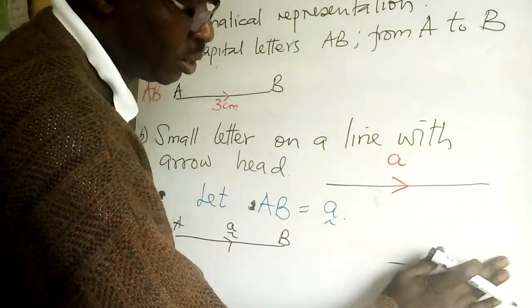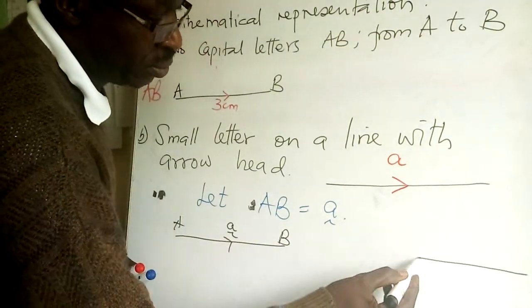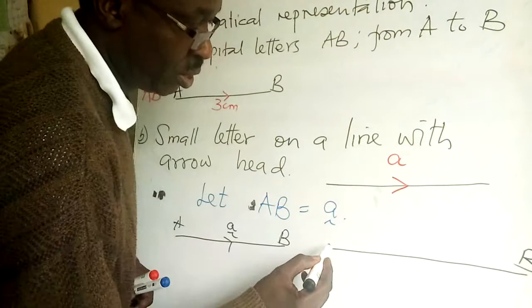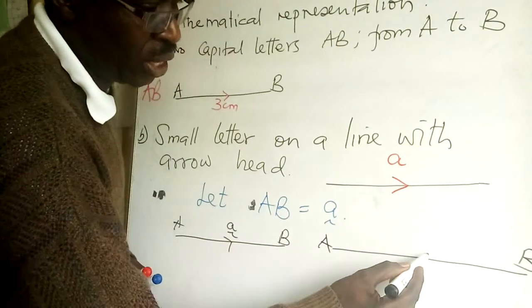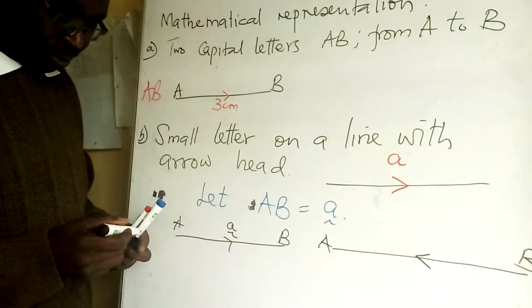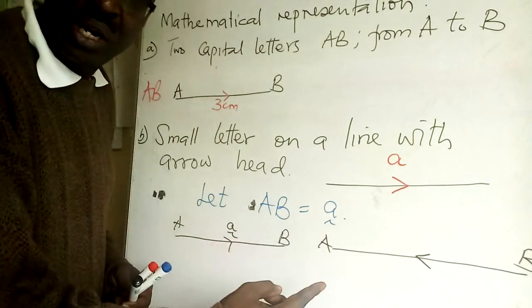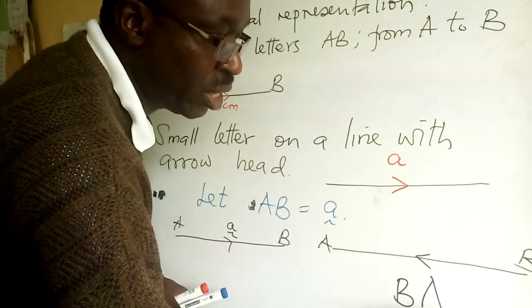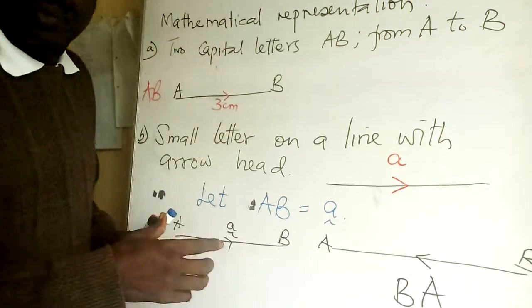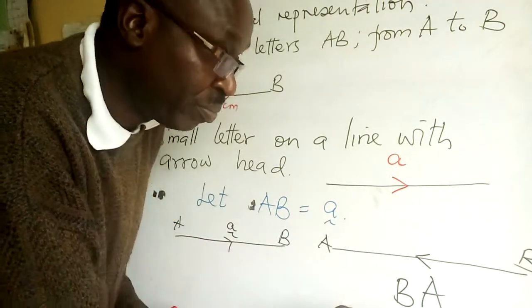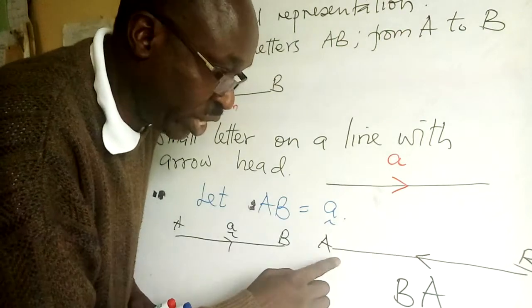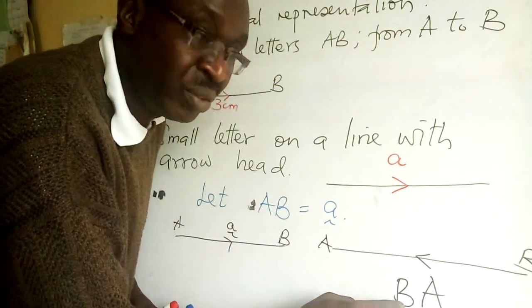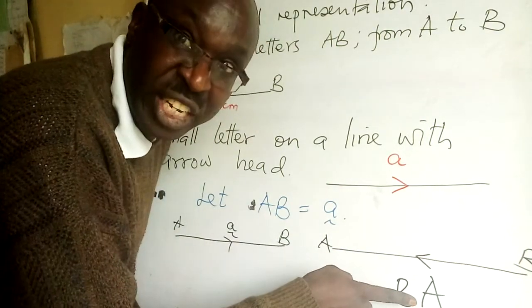Right, still, I draw the same thing and I write B, A. Remember, now this is written as BA, using capital letters. It is from B to A. This is the first letter, from B to A. This is what it is saying.